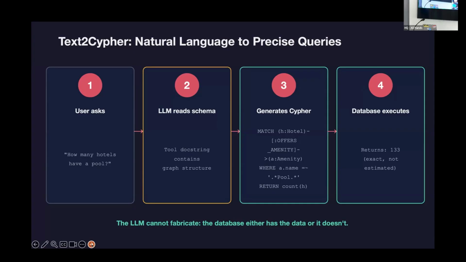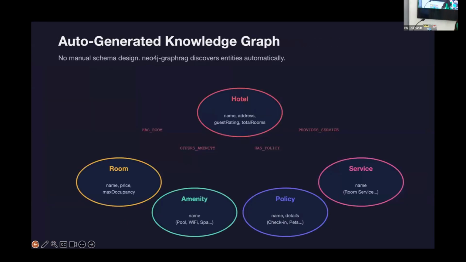The Cypher query is something similar to SQL, but only for graphs. So my tool, with the context that I give it, is capable of creating the Cypher query from the question. Then it does the retrieve and returns the information, and the LLM is capable of giving me the answer.